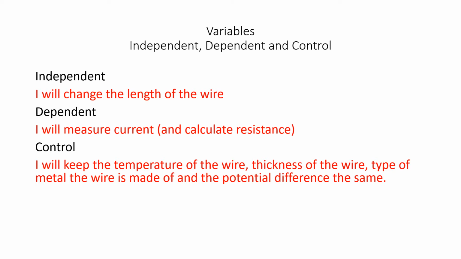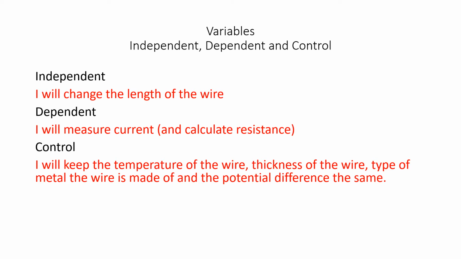So we need to keep the temperature the same, because obviously you need to relate that to kinetic theory. If it's warmer, the wire can melt, can catch fire even. But more importantly, the metal atoms can move around and have an impact on the resistance.